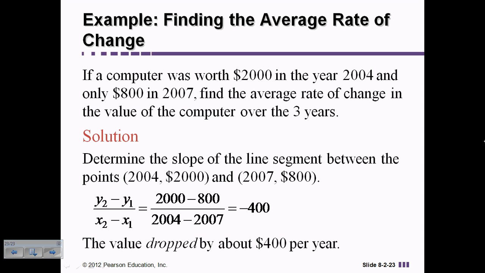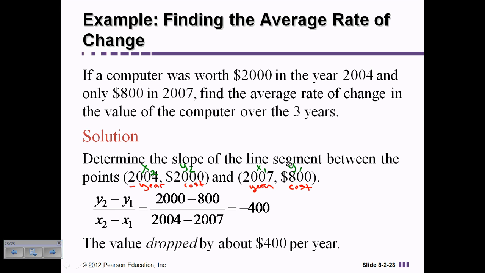So imagine that you have ordered pairs. 2004 is the year, and 2000 is the cost, and 2007 is the year, and $800 is the cost. Because they're written as ordered pairs, this is the x value, or x1. Well, the way that they did it, they called this one x2, this is y2, this is x1, this is y1.